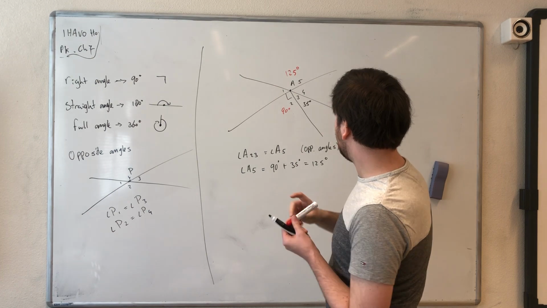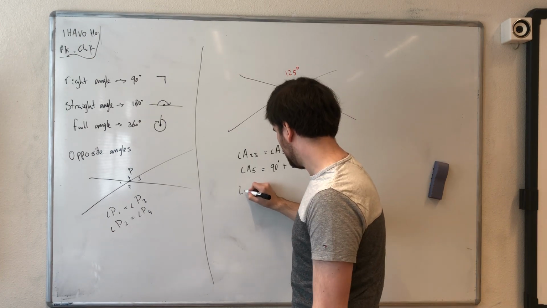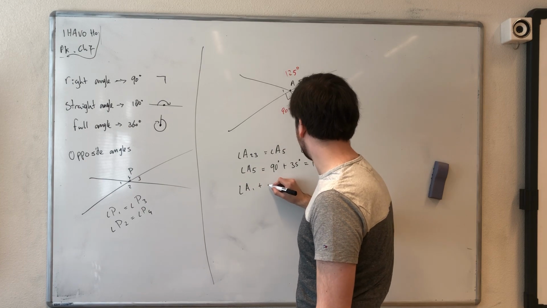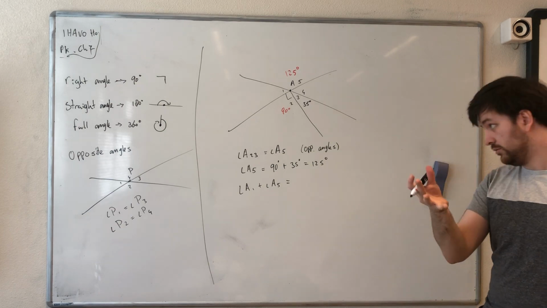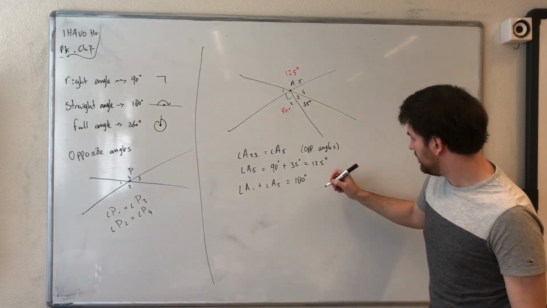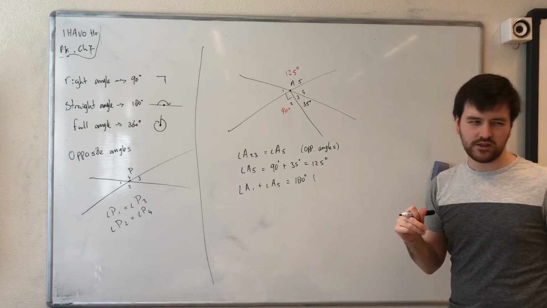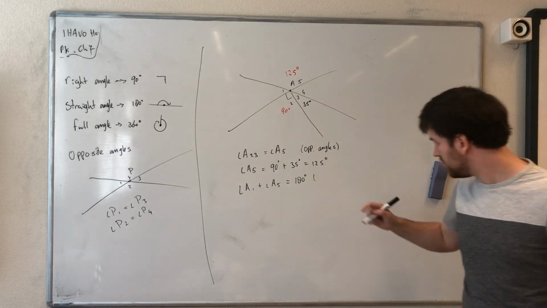Then we're going to calculate A1, for example. A1 plus A5 should be 180. Very good, Oscar. What is it? Yes, Jens, it's a straight angle.